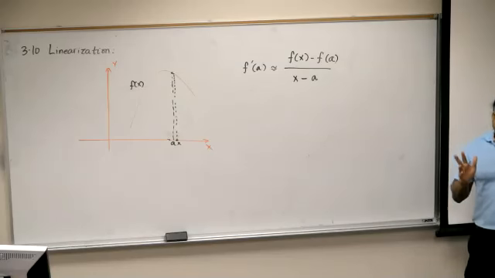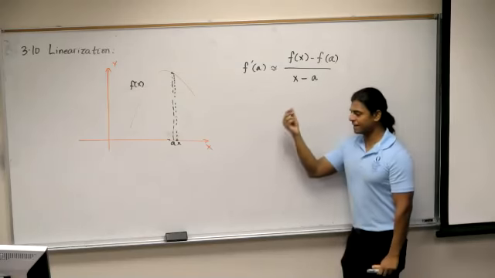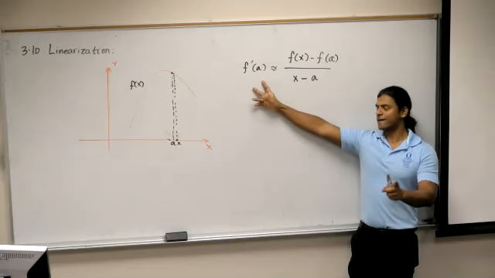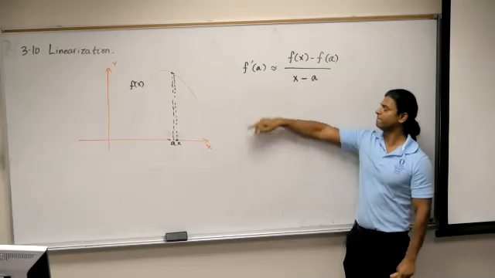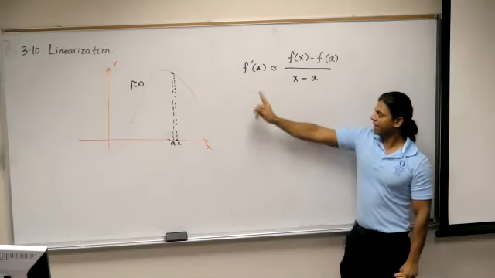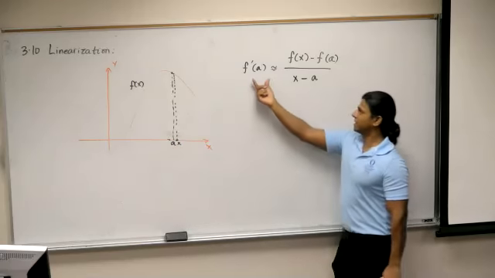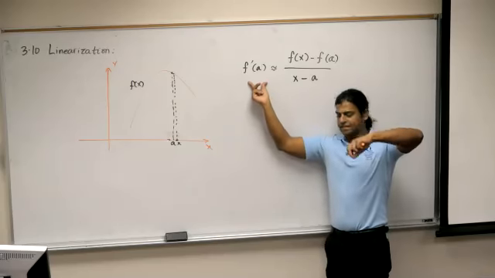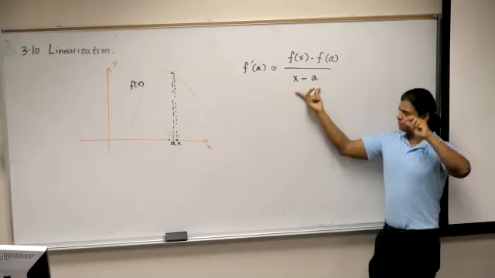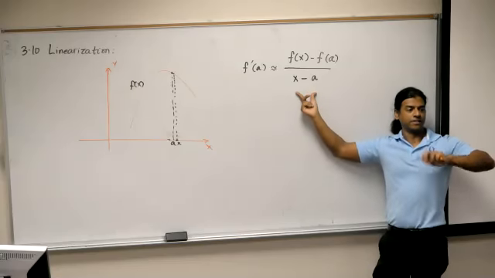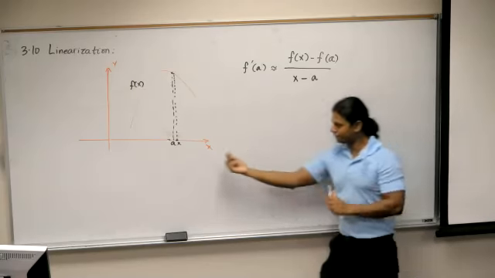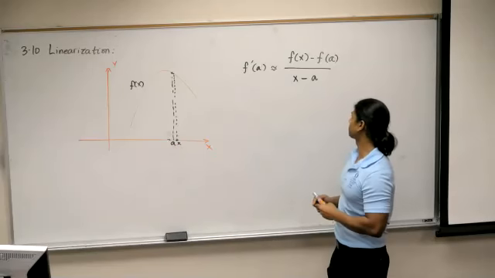Good. So what I'm trying to say is, I can find the derivative of a function if I pick a point very close to a. The derivative, which is the instantaneous rate of change, would be very close to the average rate of change because I'm very close to the point a.